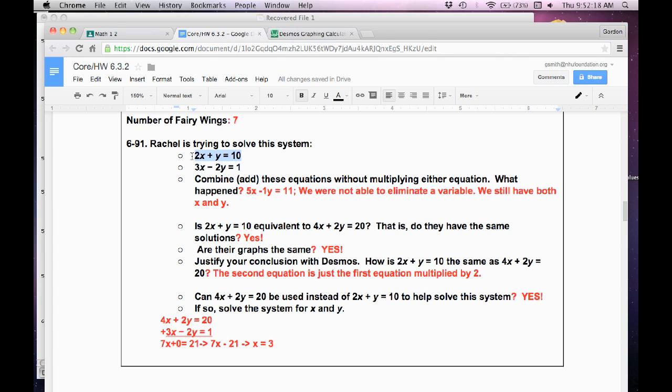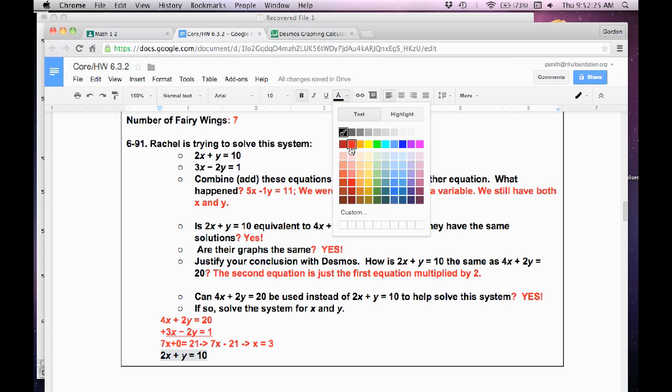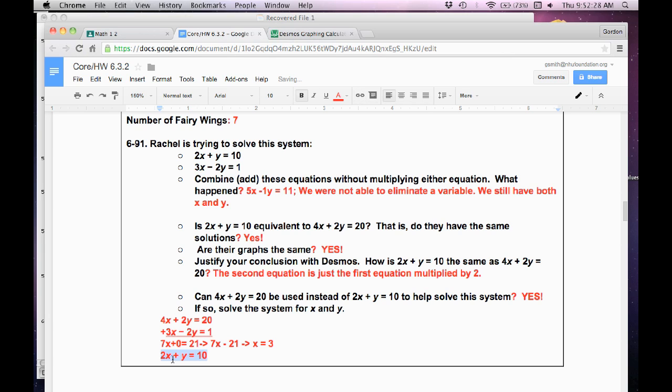I'll take this one, and replace the x with a 3. So instead of 2x, it now becomes 2 times 3. 2 times 3 is 6 plus y equals 10. Then you can subtract 6 from both sides, and you end up with y equal to 4. So our solution is 3 comma 4.